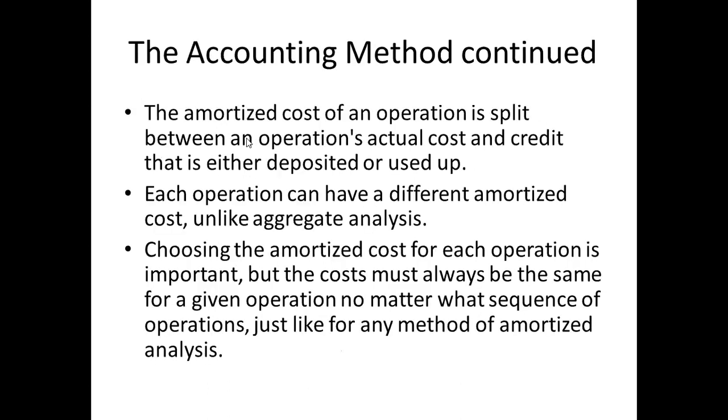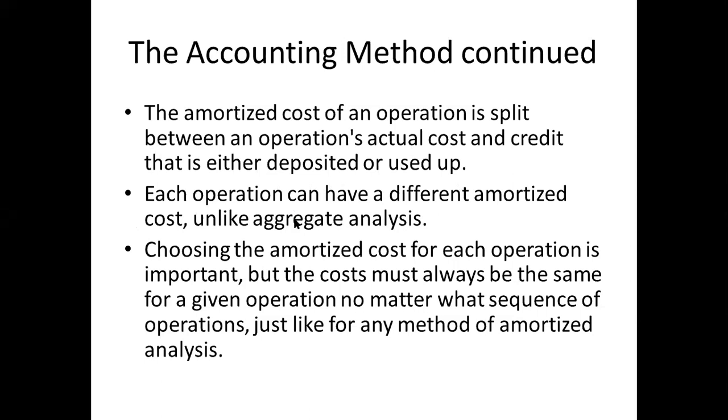Now see, the amortized cost of an operation is split between the operation's actual cost and credit, that is either deposited or used up. So credit is used or deposited. Each operation can have a different amortized cost, unlike aggregate analysis. In aggregate analysis, we considered that each operation has the same cost.